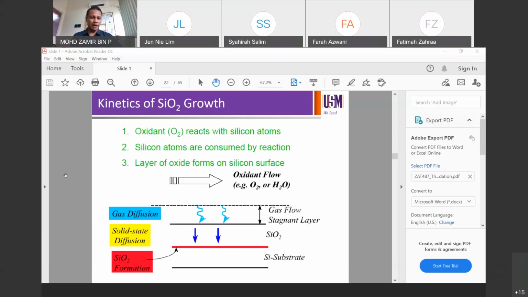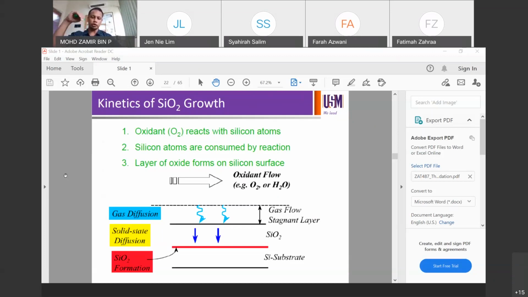And what's happening next is solid state diffusion, the yellow color there, where the silicon atoms are going to be consumed by the reaction, where the vapor or the dry oxygen, the oxygen atoms or the precursor material actually diffuses into silicon to be able to consume the silicon.